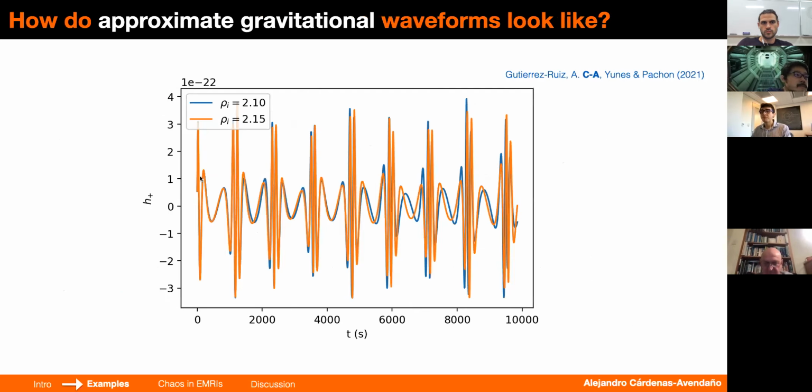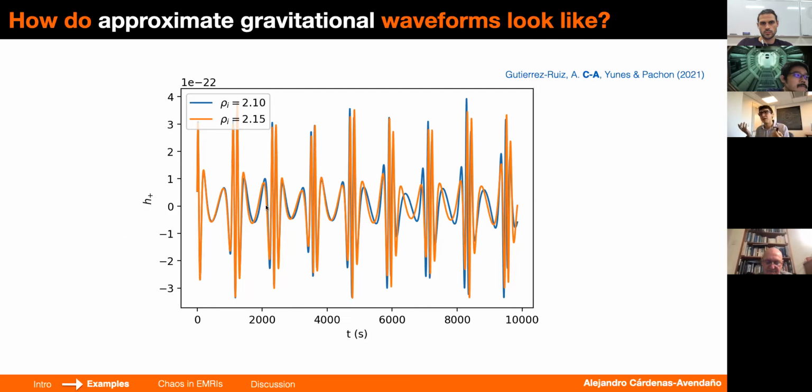Now, I'll show you in a second how we create gravitational waveforms for these EMRI systems. It's not easy to see in the time domain what chaos means for gravitational waves. So you see this one, the blue one is the chaotic one, and the orange one is the non-chaotic.